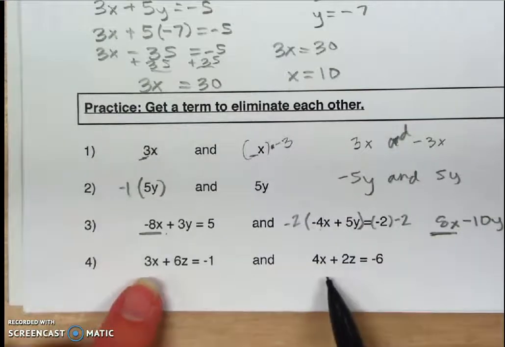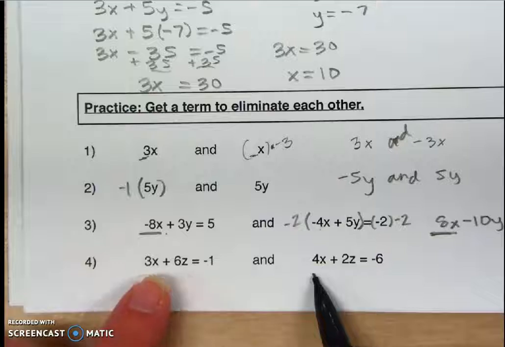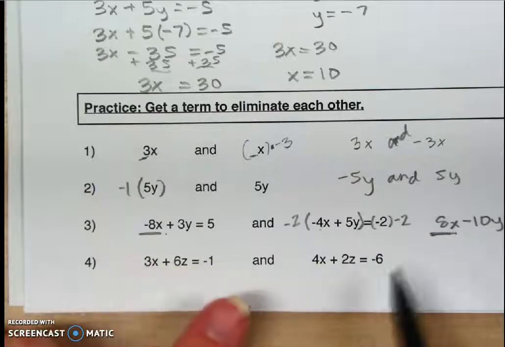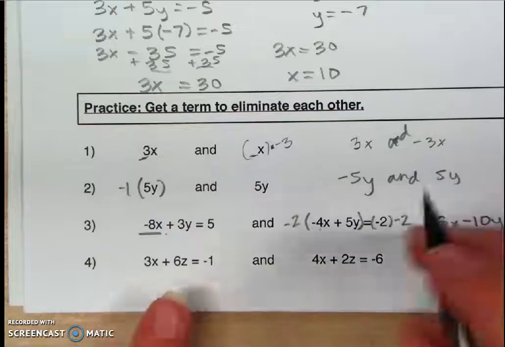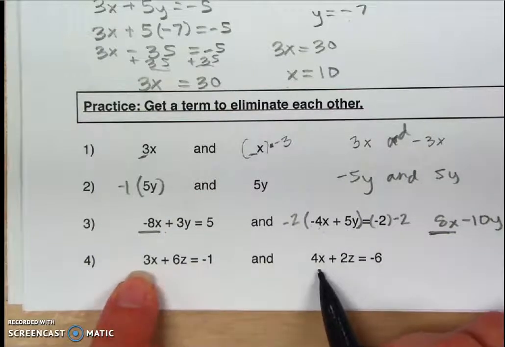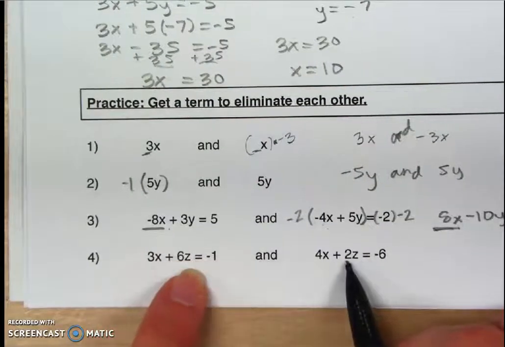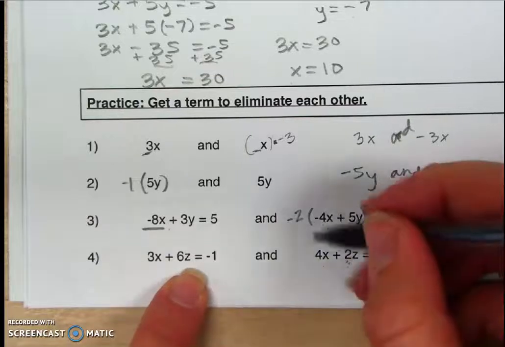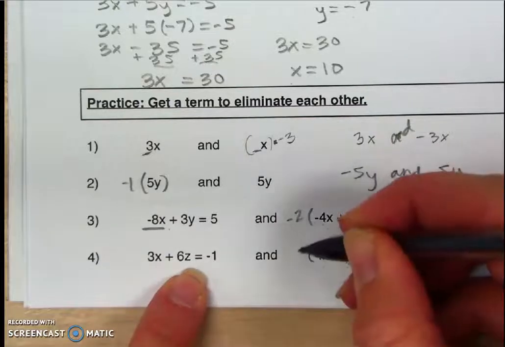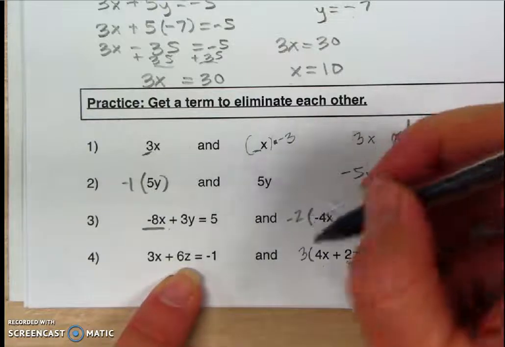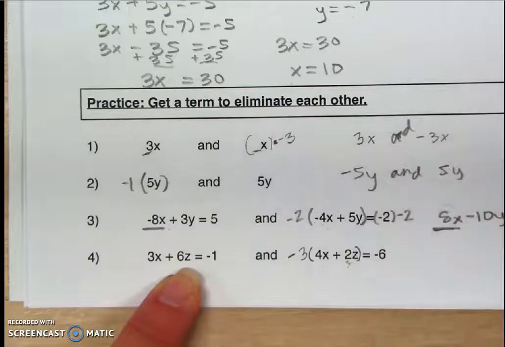All right, what about this one? I have 3x and 4x. I have 6z and 2z, and the constants don't matter. We don't need to eliminate constants. All right, so between 3 and 4 and 6 and 2, I think I'm going to work with the 6 and 2, because I know I could multiply 2 by 3 to make it 6, but I want one of them to be opposite, so I'll make this a negative 3 that I'll multiply by.